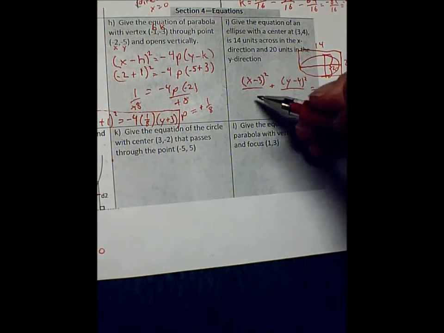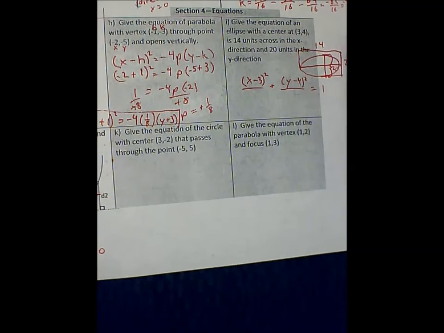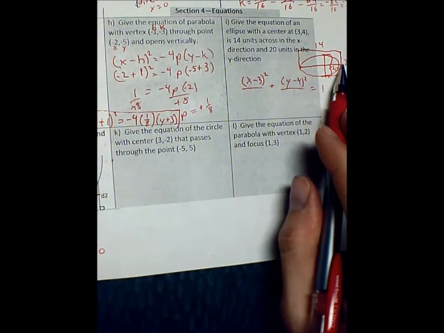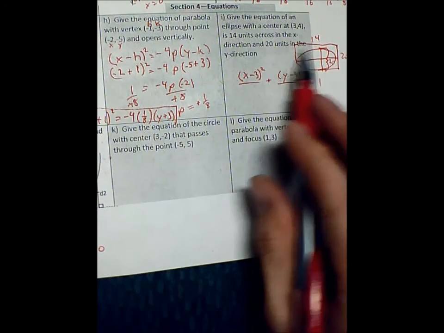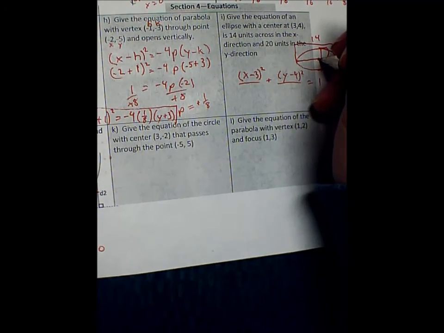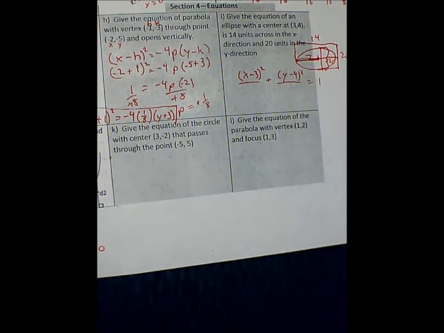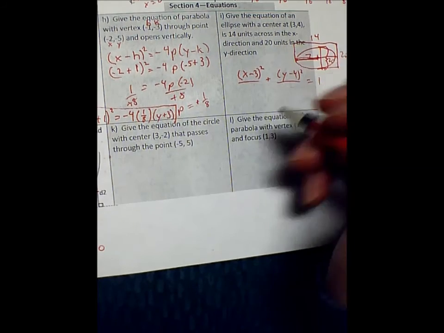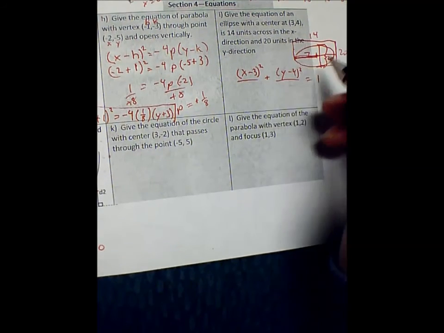But the question is, what are a and b? So, in the x direction, it's 14 units across. Now, remember, a is only halfway across. So a is halfway across. A is going to be 7. So this is a squared or b squared. It doesn't really matter which is which. This is b squared, I guess, because it's smaller.